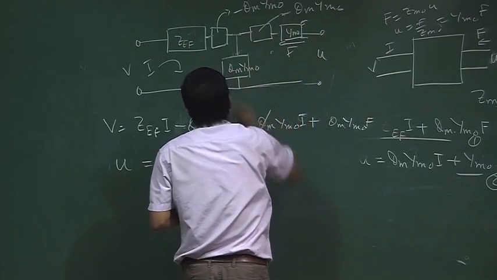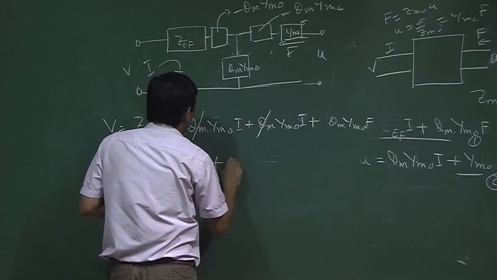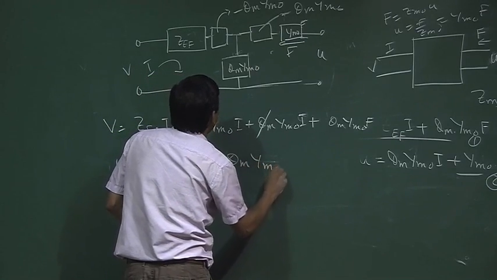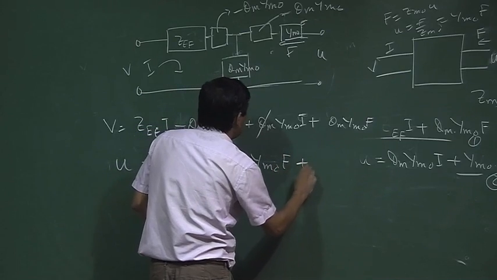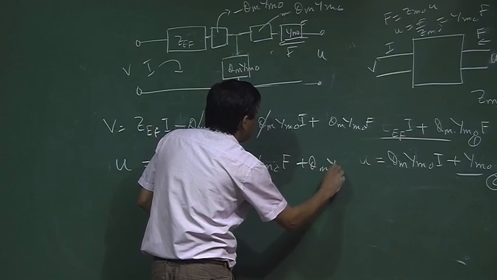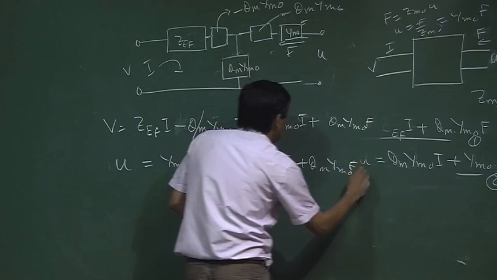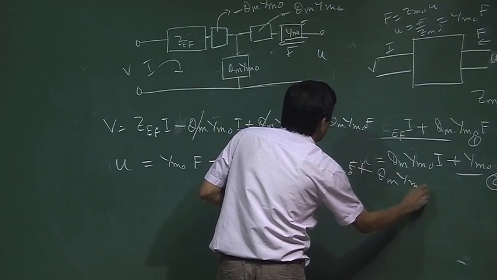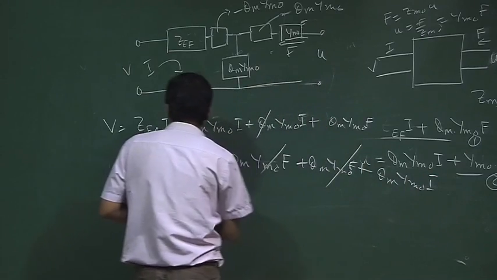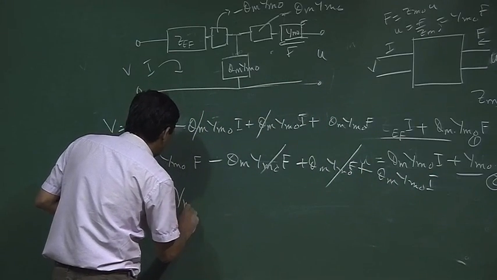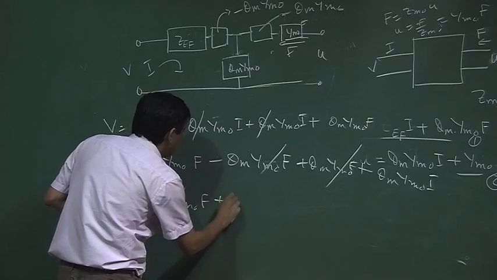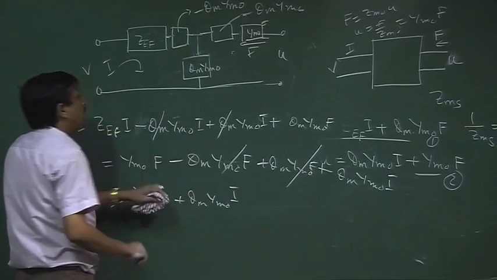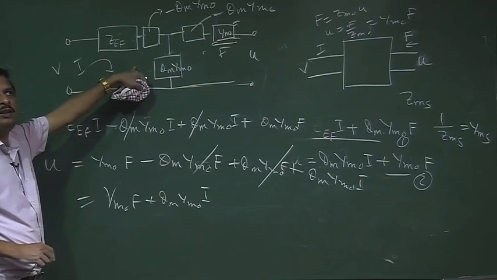So, YMO into F plus minus phi m YMO into F plus phi m YMO into F plus phi m YMO I. This cancels. So, YMO F plus phi m YMO I supports the canonical equation. So, my equivalent circuit is okay.